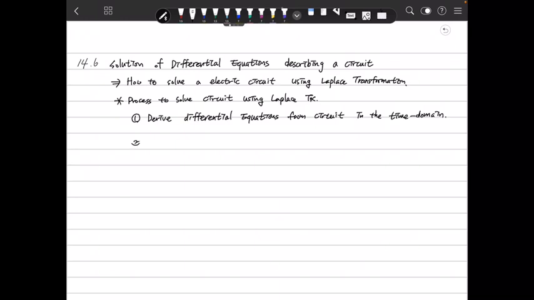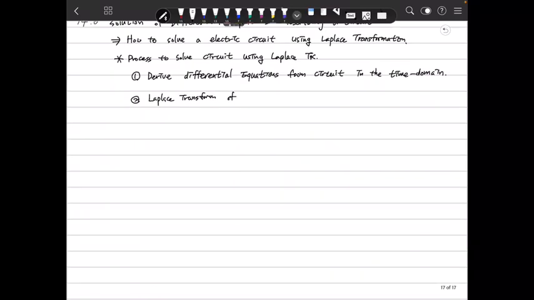The second step is the Laplace transform of the differential equation. And third, we can get the solutions. It's quite simple to calculate the solutions.